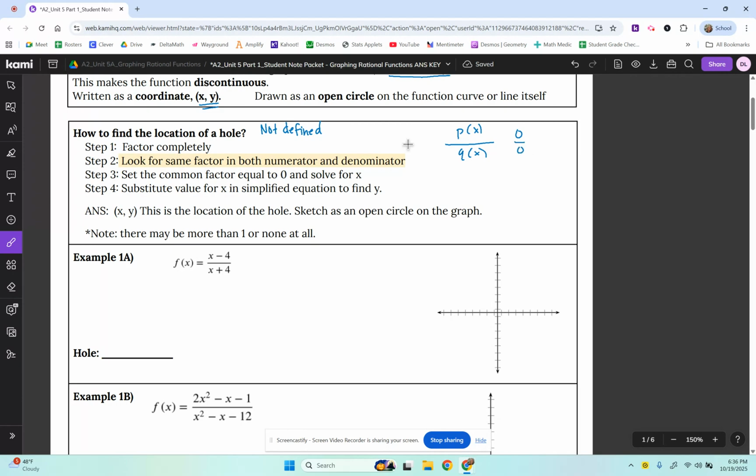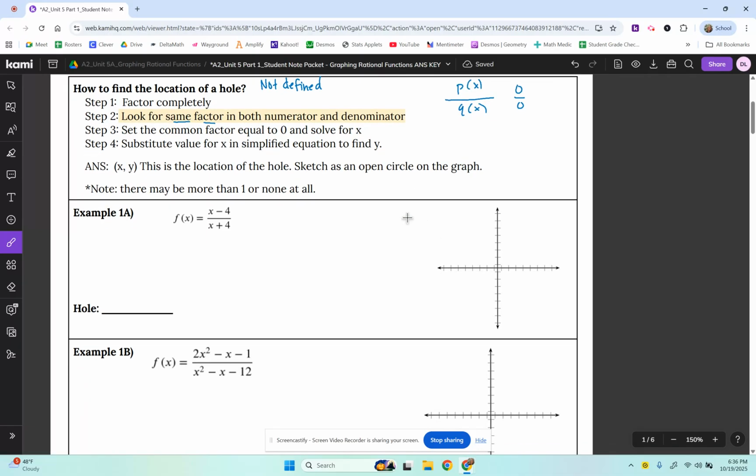So what we're looking for is the same factor in both the numerator and the denominator. We're going to factor the polynomials in the numerator and the denominator, and then look for the factor that shows up in both of them. That x value is where the hole is going to be. Once we know the x, we can substitute in the x value and calculate the y, and then we have the location of the point for the hole.